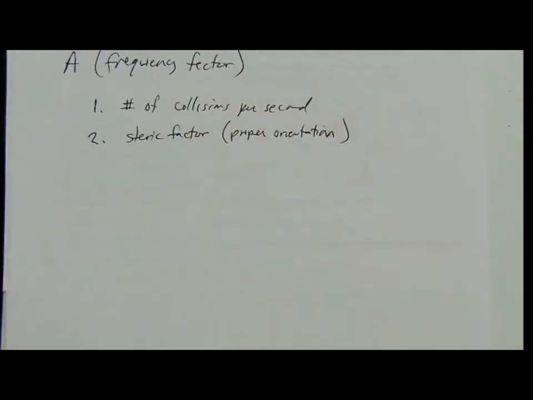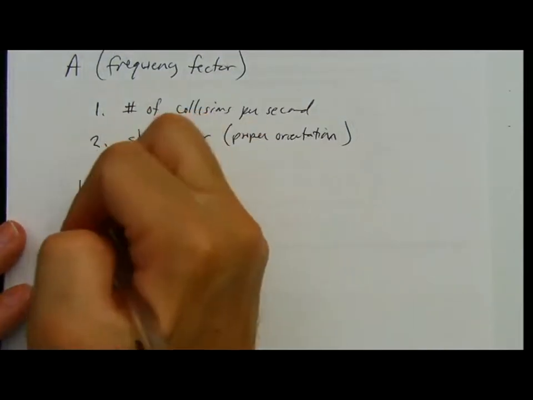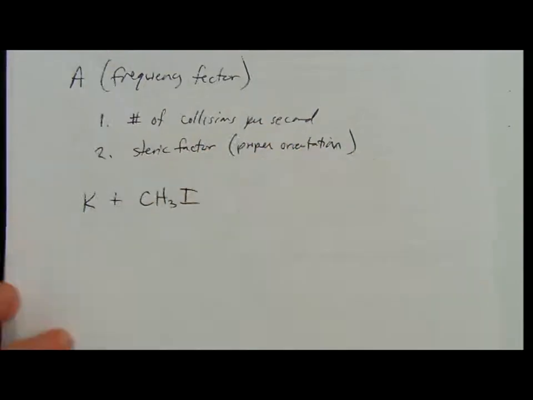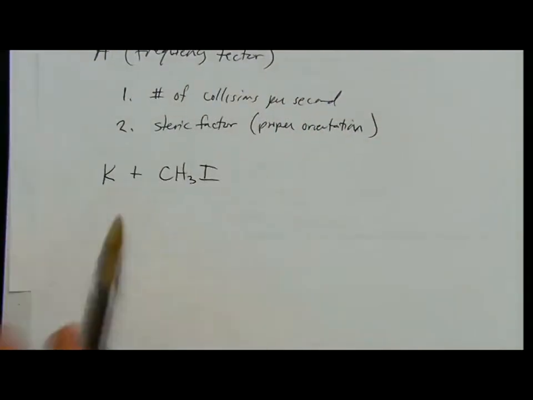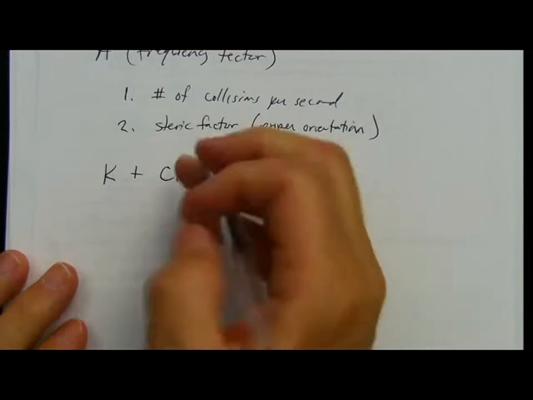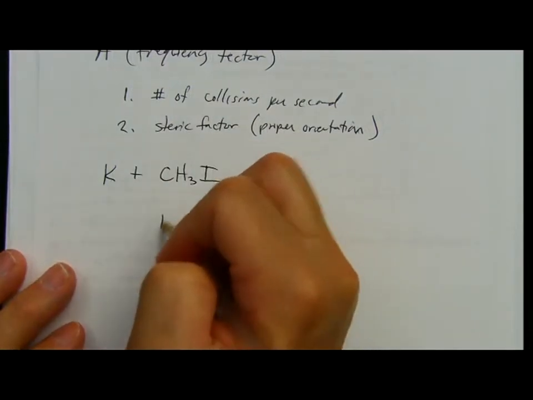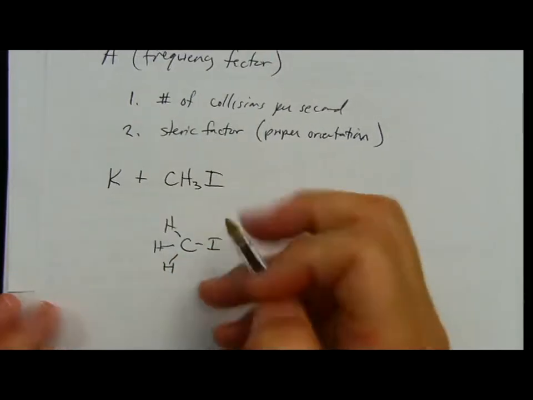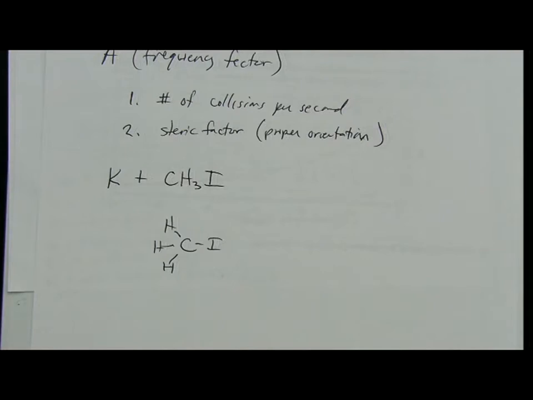So a while back, I think it was back in the 70s, a scientist did a really interesting experiment where they took potassium plus, I think it was methyl iodide. They used magnetic fields to orient the molecules, and they shot potassium atoms at this methyl iodide. Remember this molecule is a tetrahedron. So you had one side that has three hydrogens in a triangle, and the other side had the iodine.